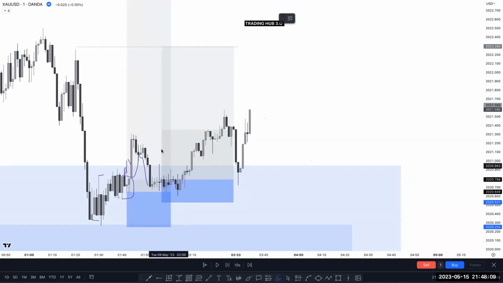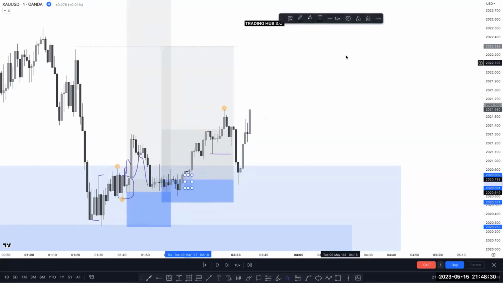First of all, we have to mark the structure again: higher high, higher low, and again where is the higher high at this point. And here is another entry after taking out the inducement, where there is an unmitigated order block. This one, I think, mitigated here.